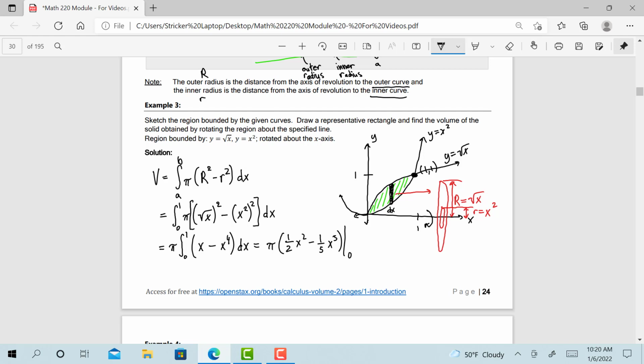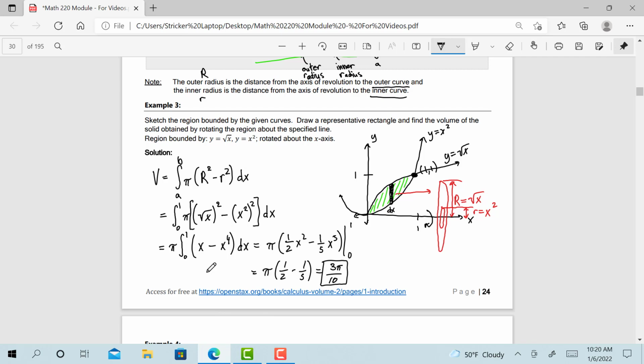We're going to evaluate that between 0 and 1. We get pi times 1/2 minus 1/5, which is 3 pi over 10. And that is an example of the washer method.